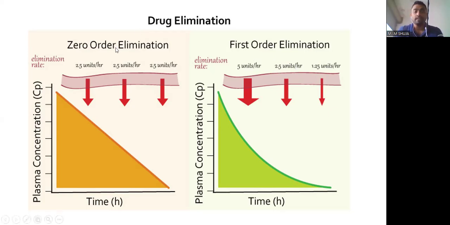In zero order kinetics, each hour 2.5 is eliminated. So a constant amount is eliminated and the graph is linear. If a constant fraction is eliminated, the graph is exponential.